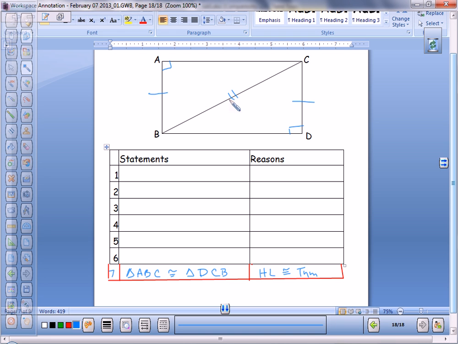So how do we start every proof? With the given. Segment AB congruent to segment DC. Given.